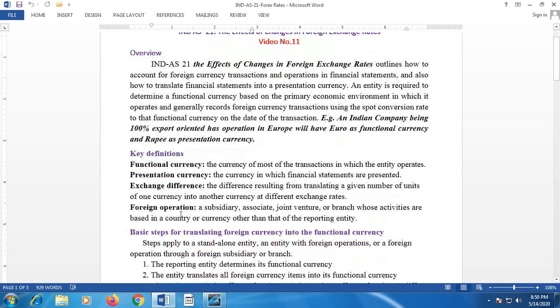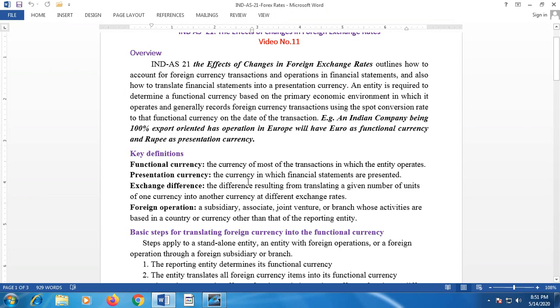Now, to make it clear what is functional currency and presentation currency, we shall consider the definitions. Functional currency: the currency of most of the transactions in which the entity operates. In the given example, as the company deals in most of its transactions in Europe, euro will be the functional currency.